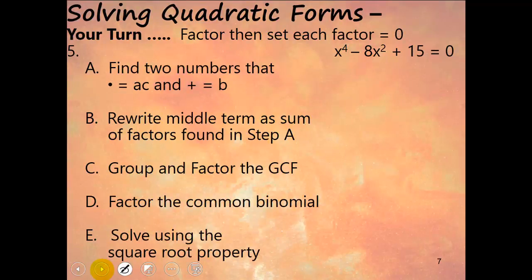All right, you try this one on your own, and then come back and check your solution. All right, I'm looking for two numbers that multiply to positive 15 and then add to negative 8.